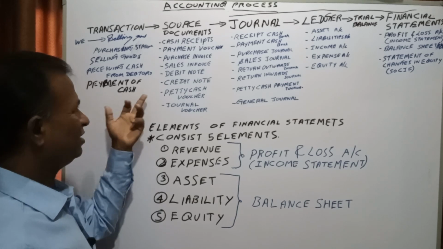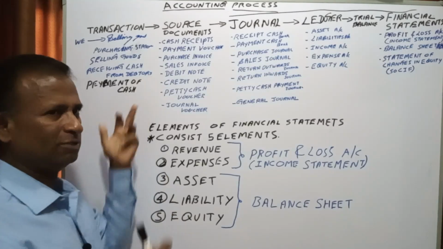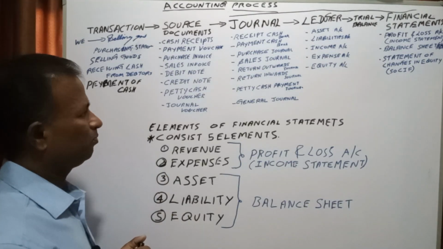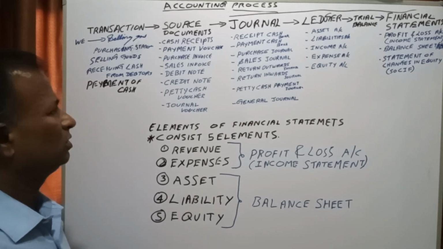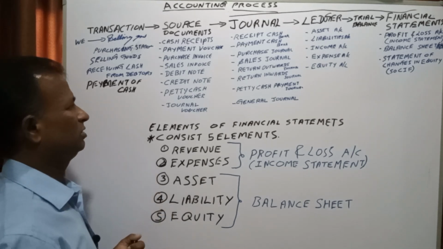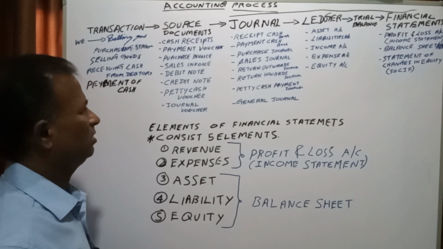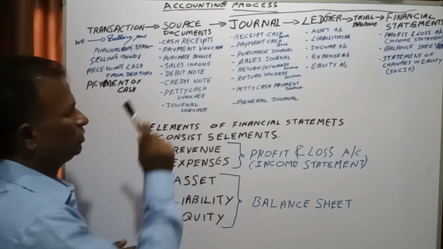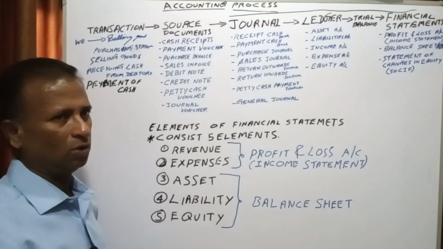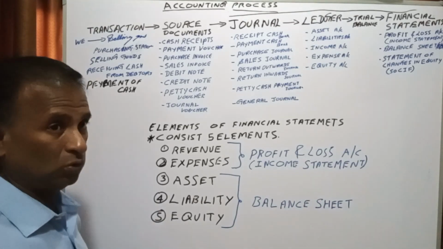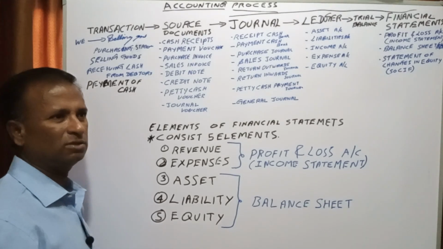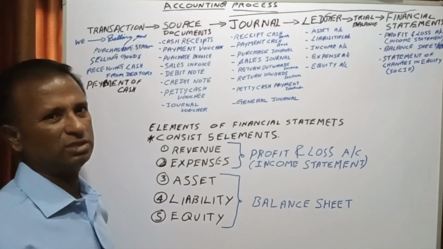Petty cash vouchers: for small expenses we use petty cash vouchers for those small payments. And the third one is journal vouchers. Journal vouchers we use for rectifying some errors and some unusual transactions.